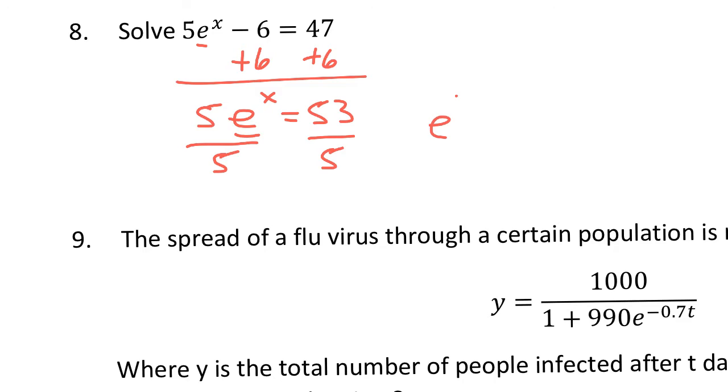I now have e to the x equals 53 fifths. And I want to turn that into a logarithm to find the answer for x. So the natural log of 53 fifths is x. And the natural log of 53 fifths is 2.361.